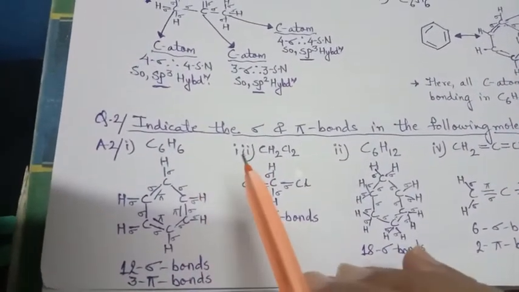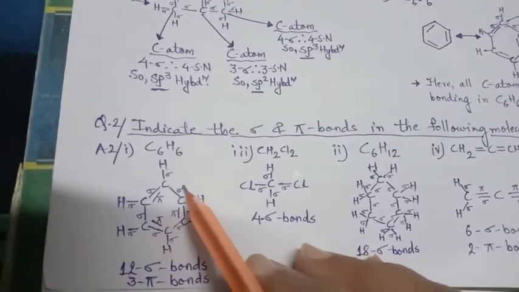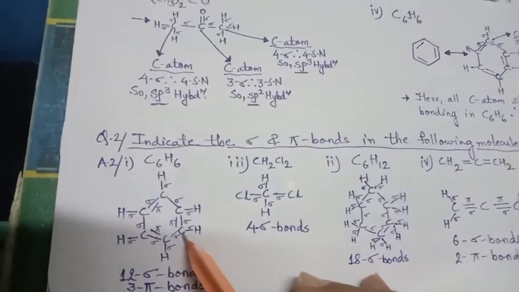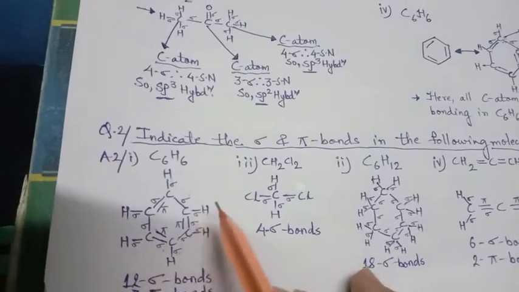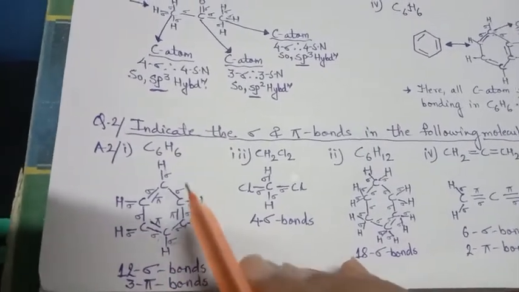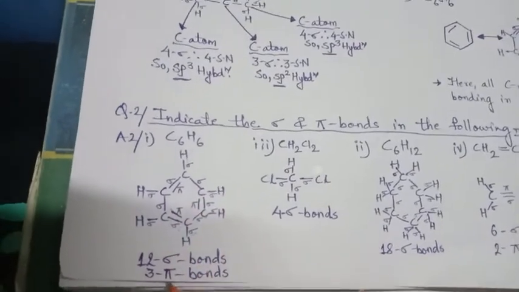All single bonds are sigma, so calculate: 1, 2, 3, 4, 5, 6, 7, 8, 9, 10, 11, 12. In a double bond also, 1 is sigma. So 12 sigma bonds. And how many pi? 1, 2, 3 double bonds, that means 3 pi bonds.